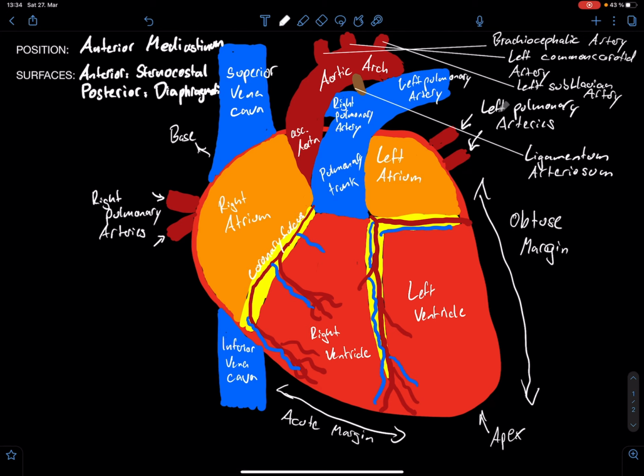Again over here as well. And this one is also a sulcus, but it separates the left and the right ventricle, and therefore it is called the interventricular sulcus.